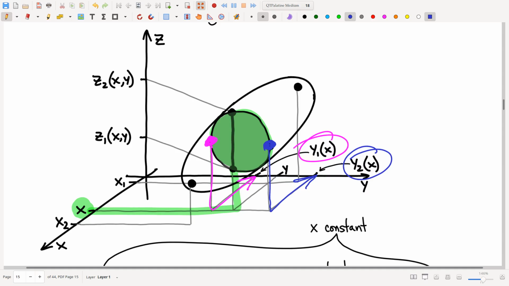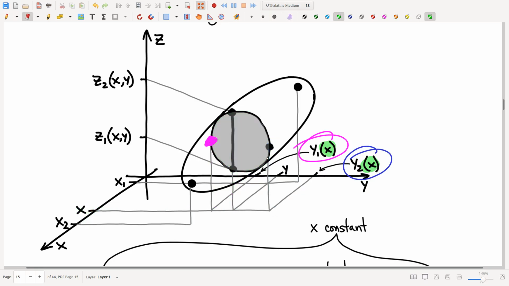If I were to pull x further out, then that slice would get, as I have it drawn here anyway, kind of smaller and smaller. These purple and dark blue points are going to move depending on x. And so those y bounds depend on x. They are functions of x accordingly. That makes sense to everybody? Okay.